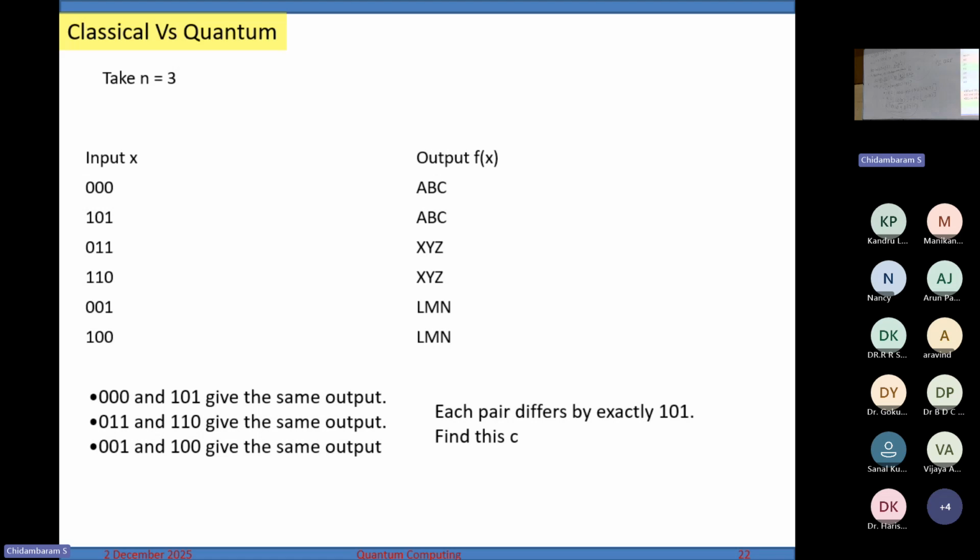So these two are mapped, these two are mapped, these two are mapped. And the pattern we are observing is that each pair differs by exactly 101.